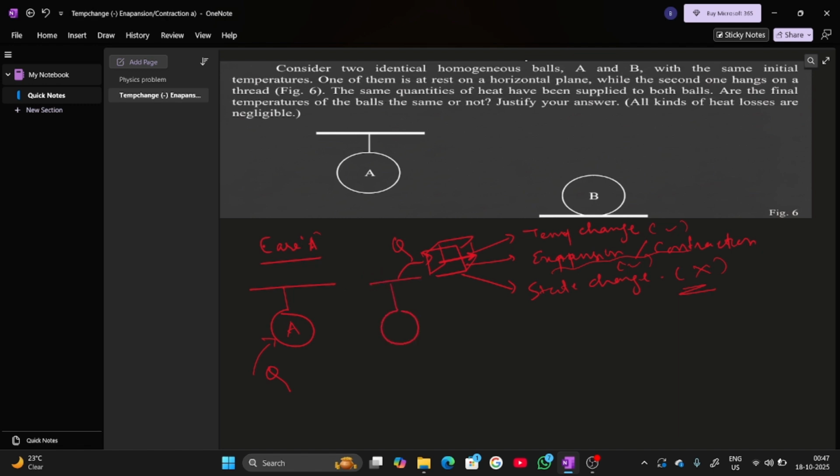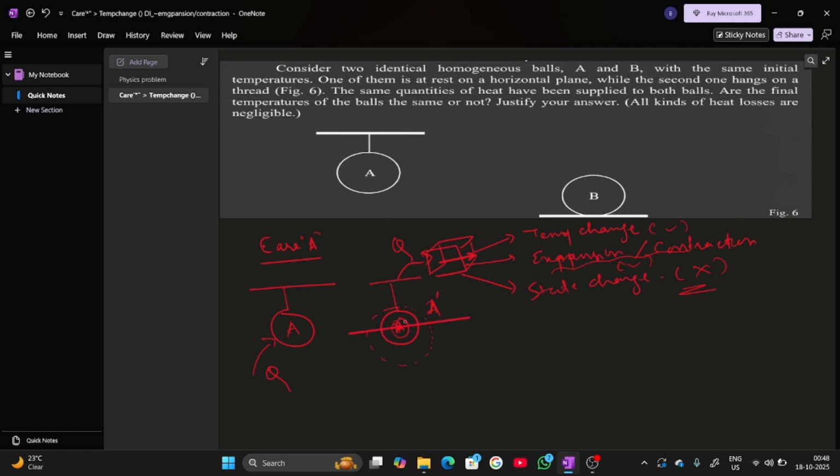So if it expands, it's like this. Here this is A, but I will say this is A dash, the new size. Initially, the center of mass of A is at this point.